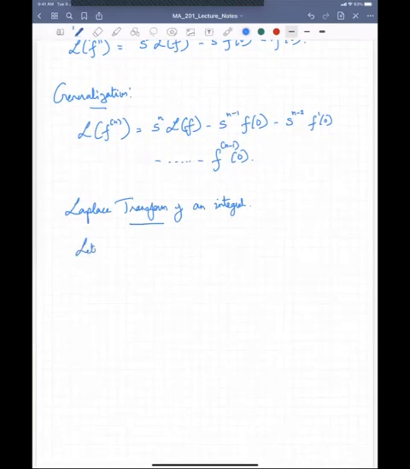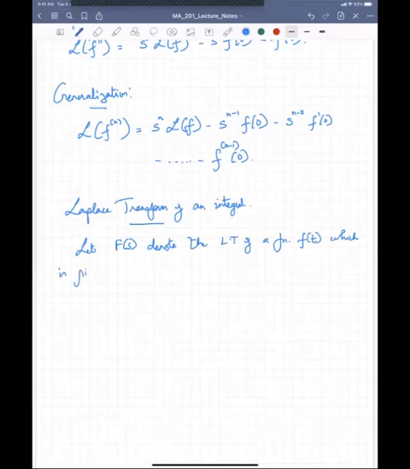So again, let capital F of s denote the Laplace transform of a function f of t, which is piecewise continuous for t greater than or equal to 0, and satisfies the growth restriction that we discussed yesterday.